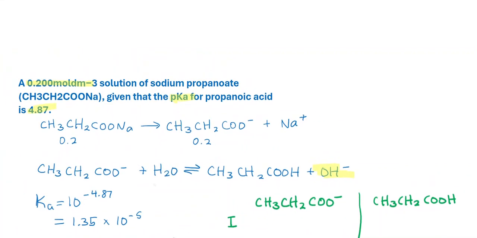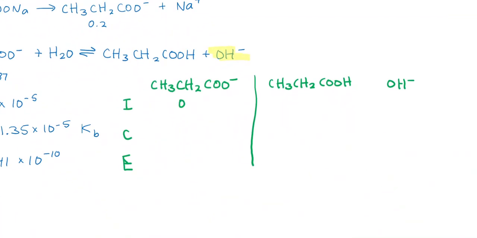So our initial, they told us in the question, it's 0.2. And then both of these start with 0. Our change, we're going to call it x, so subtract x, plus x, plus x. 0.2 minus x, and then 0 plus x is just x, and that's our ice table.